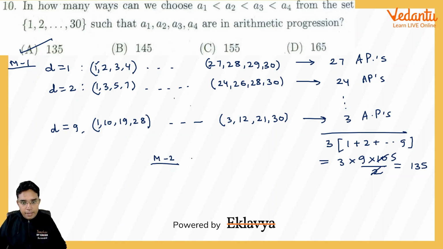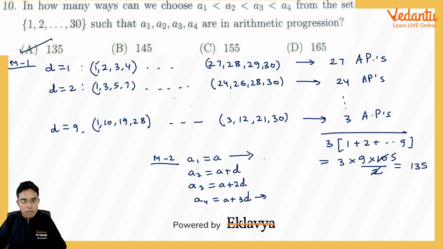Suppose A1 is A. Then the other numbers would be A2 as A plus D, A3 will be A plus 2D, and A4 will be A plus 3D. That means you can see that between A1 and A4, the difference has to be a multiple of 3.